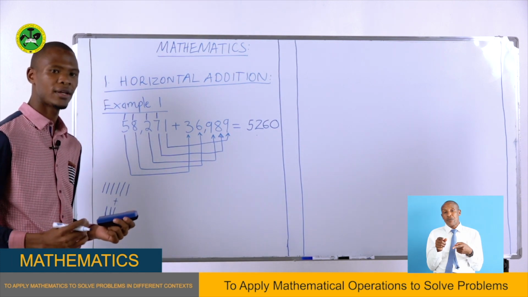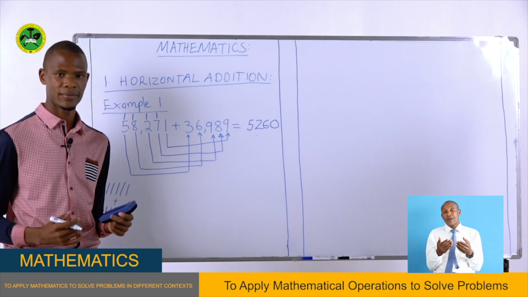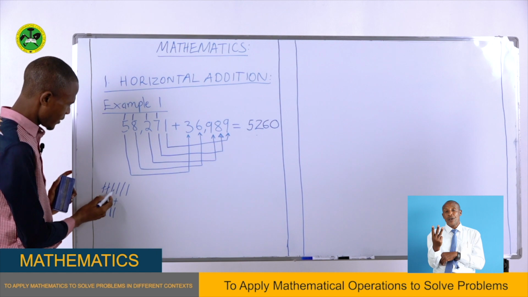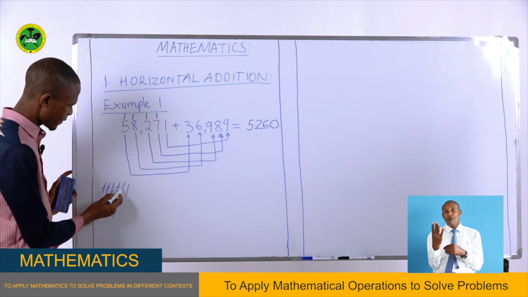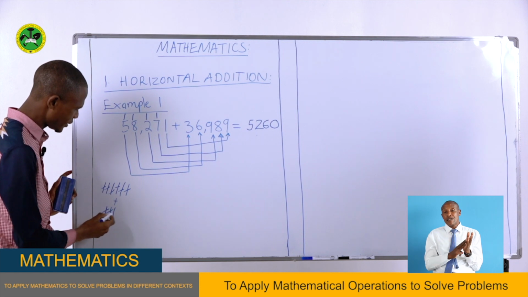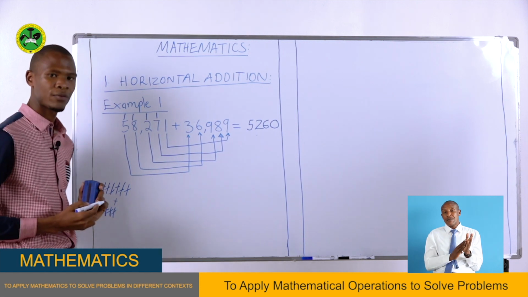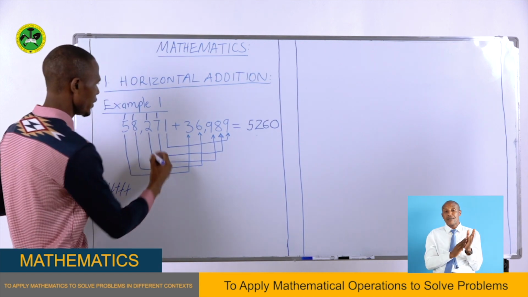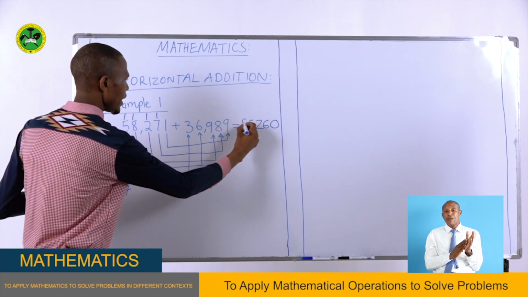After adding, now let us count together. 1, 2, 3, 4, 5, 6, 7, 8, 9. So the answer is 9. So here we need to write 9.